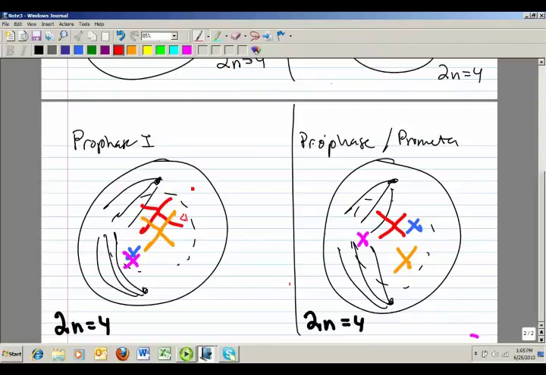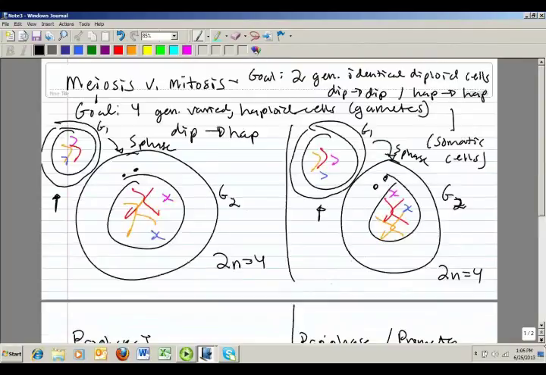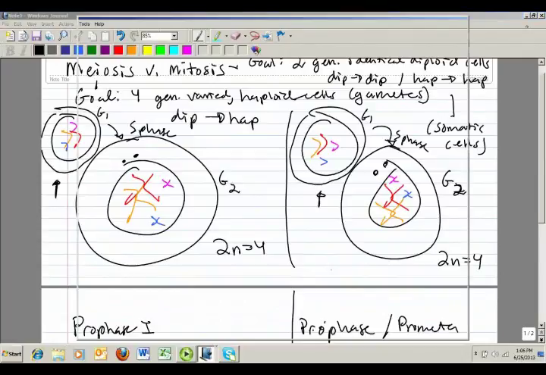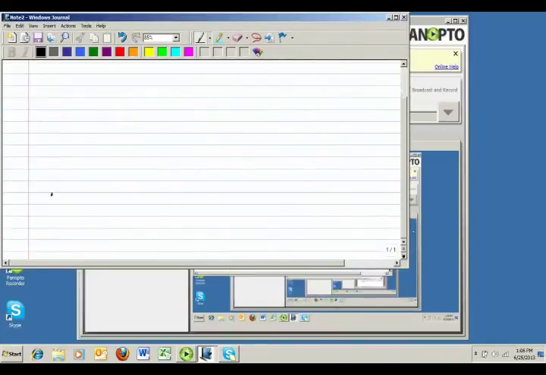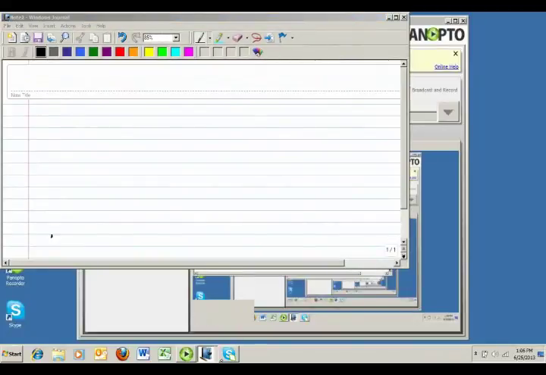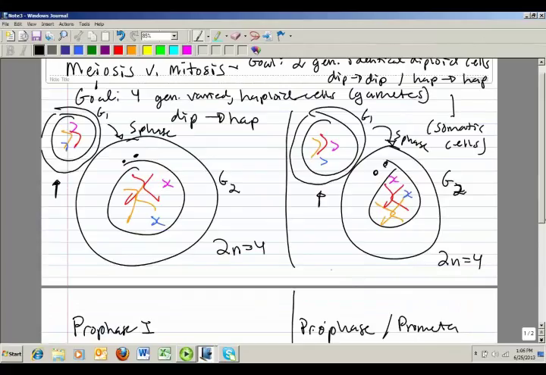So this is what's called synapsis, which is this pairing of the homologs. And after we do synapsis, the cells are going to be able to switch little parts of their DNA, and that's going to allow for genetic variation to occur.